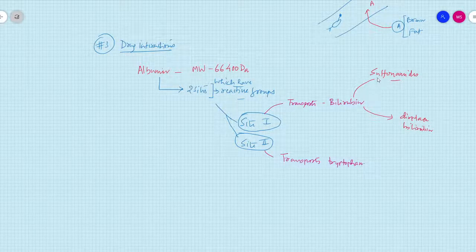Okay, so it will go and sit at site 1. So sulfonamides have got this property.